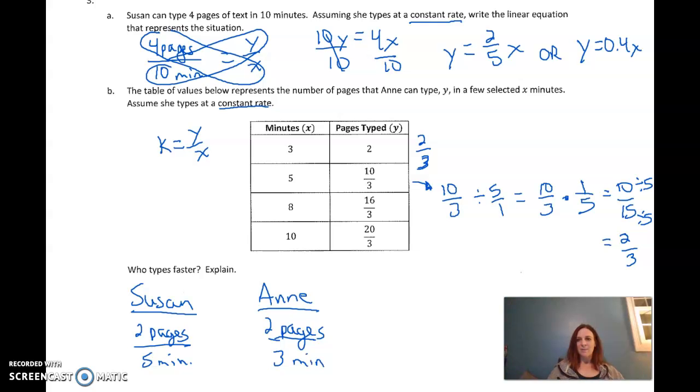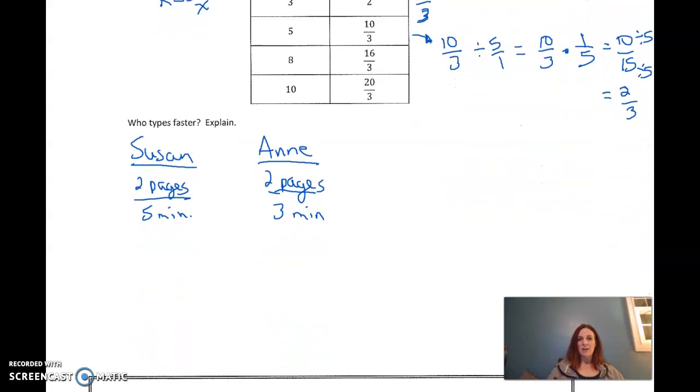Remember, pages are on top, time always goes on the bottom. We can totally find a common denominator, or I can kind of approximate it. If I go 2 divided by 5, like I wrote above, that's 4/10. And 2 divided by 3 is going to be 0.6 repeating. So who types faster? Well, I know that 0.6 repeating is greater than 4/10.